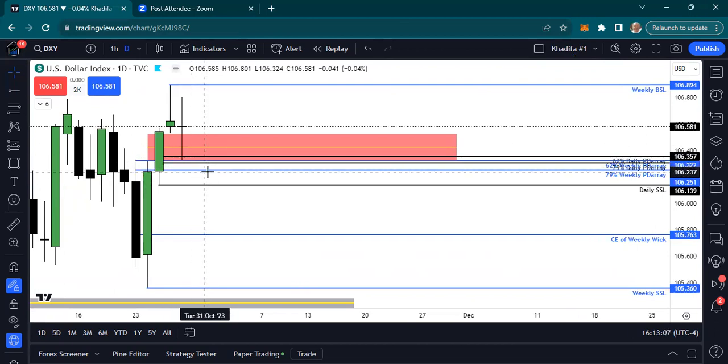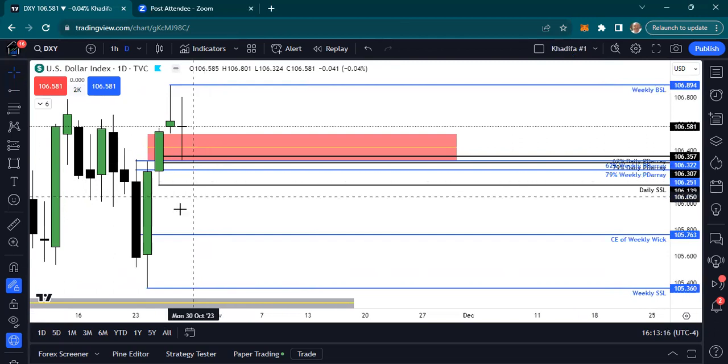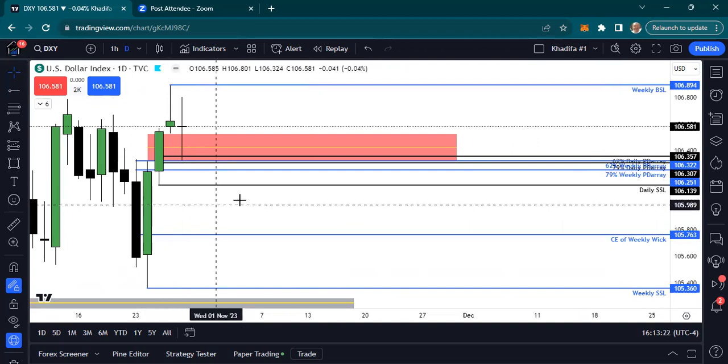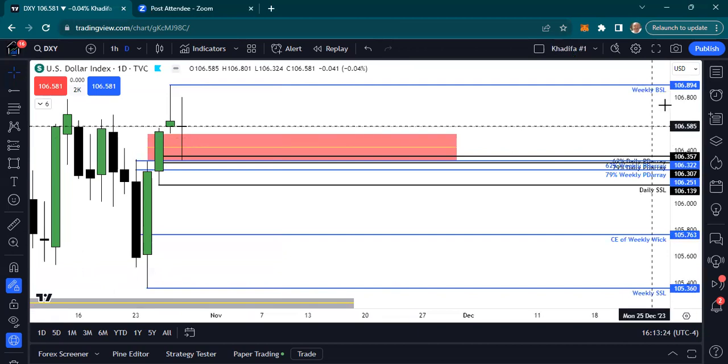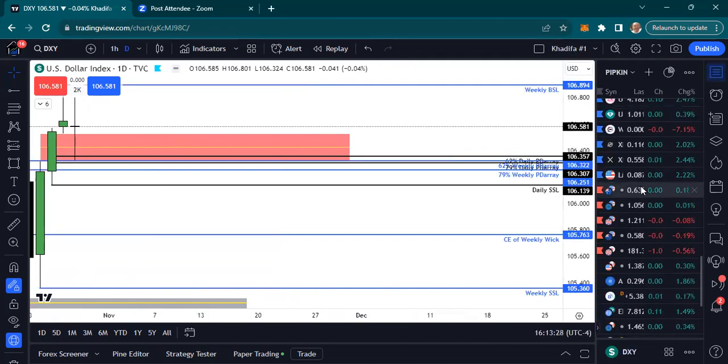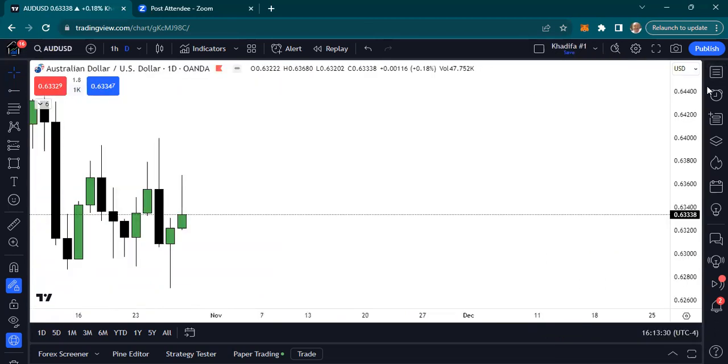Now, just because I don't want to see that doesn't mean that won't happen. And if that does happen, I will adjust my analysis, and I will start targeting sell side liquidity and sell side inefficiencies in the market. Simple as that. So, with that being said, let's move forward and look at our currency pairs.